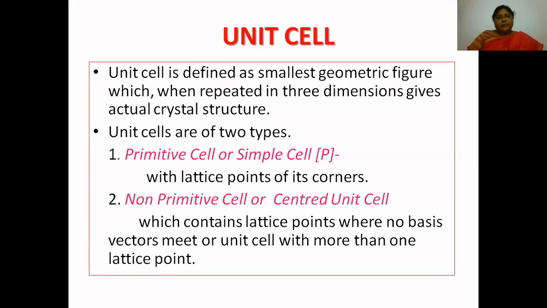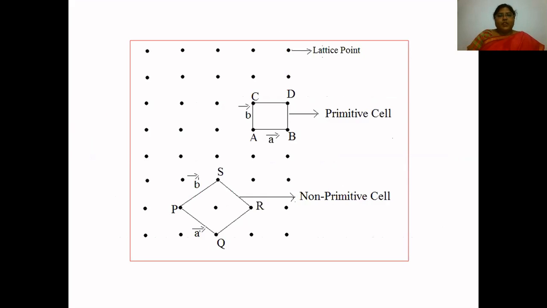To understand primitive cell and non-primitive cell in a much clearer way, we go to the following slide. In this diagram, we have two structures. ABCD is a primitive cell, because the lattice points are only at the corners. Always remember, the number of atoms in a primitive cell is equal to 1 atom per unit cell.